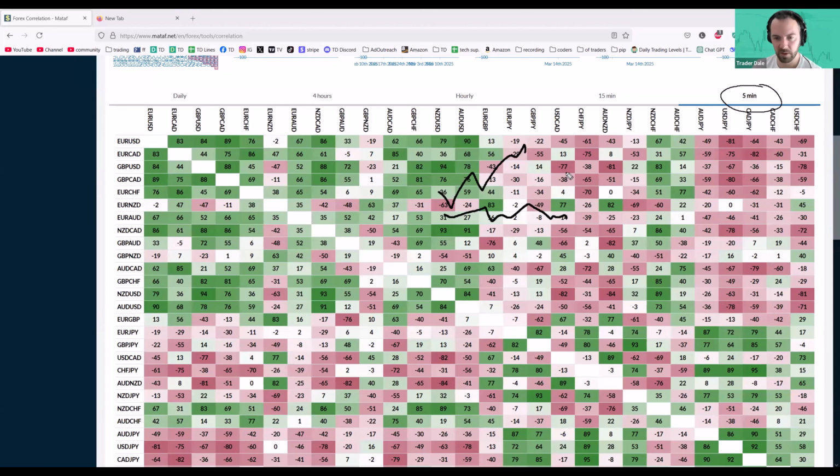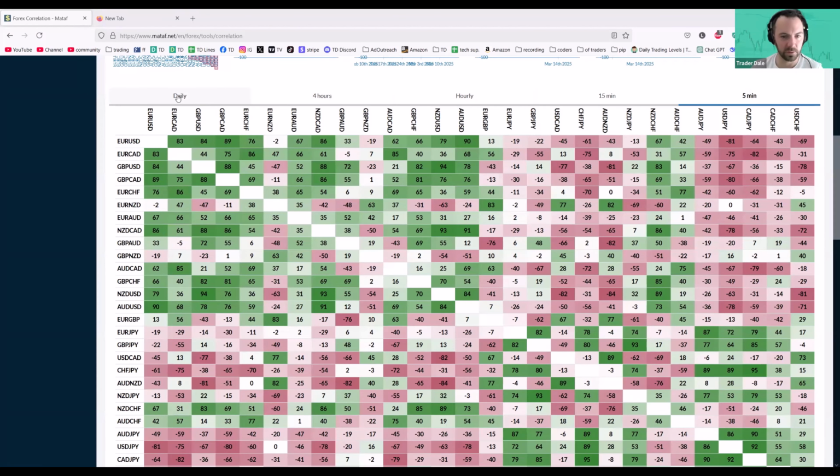On the fast time frame, it could happen like this. But if you go to the daily, then it will more reflect the general rule, right? So I wouldn't really pay too much attention to the faster time frames because you only want to remember generally where the big correlations are, right?